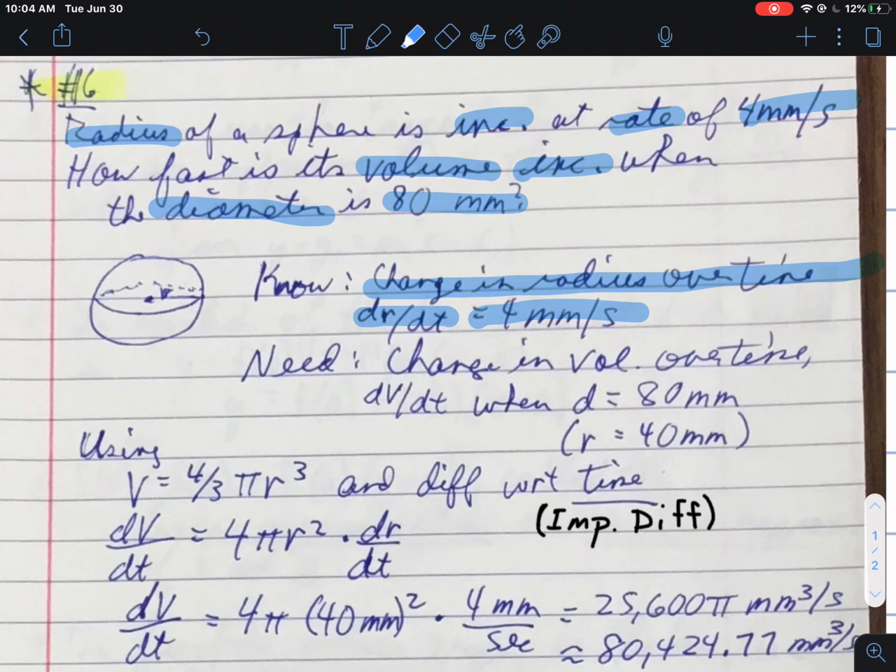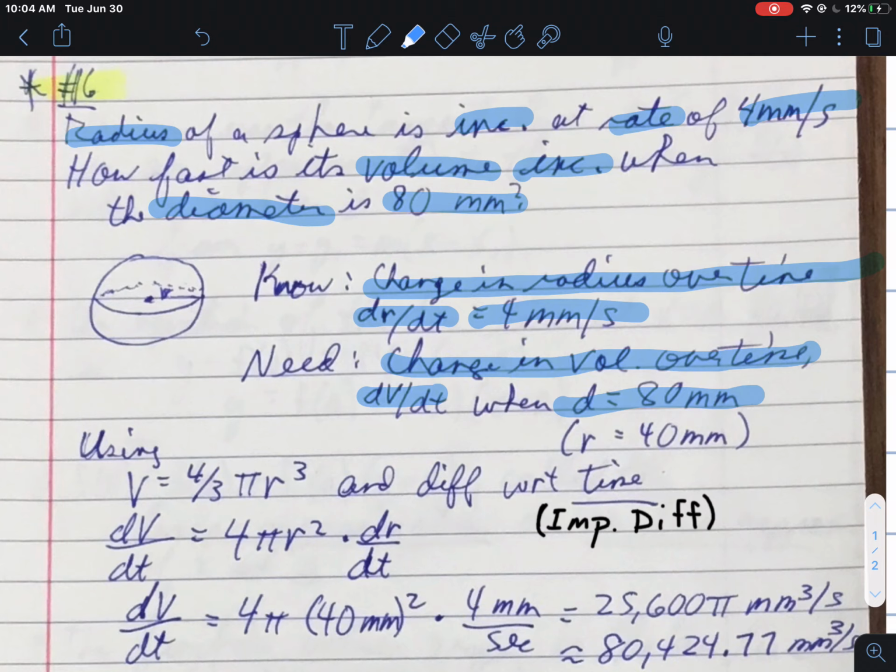That's really the only information we're given other than our question, which is to find the rate of change in the volume over time, right? So how fast is the volume increasing when the diameter is 80 millimeters? So we're looking for the change in volume over time. So there's our dV dt at a specific point in time when the diameter is 80 millimeters.